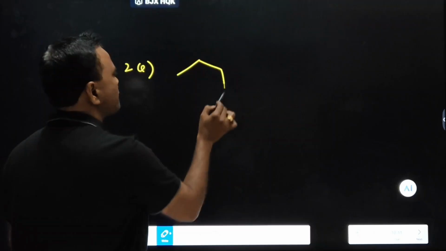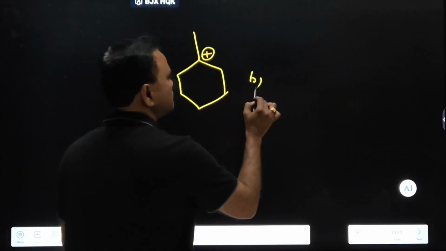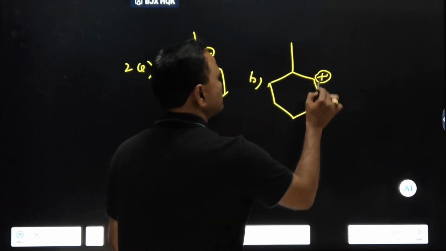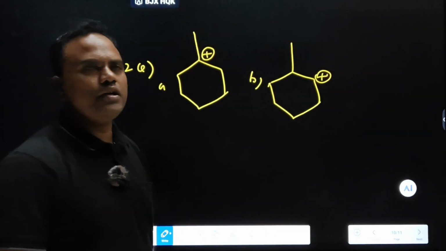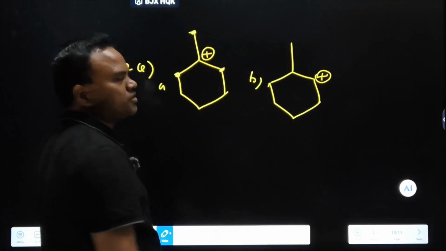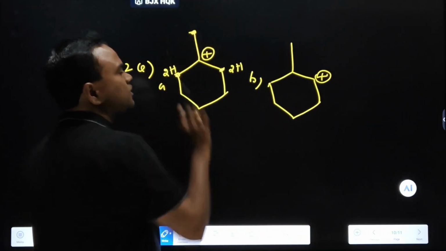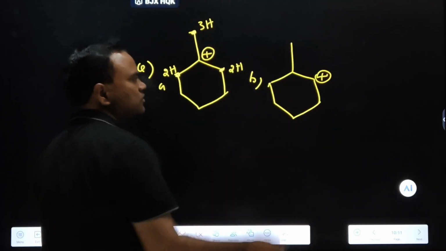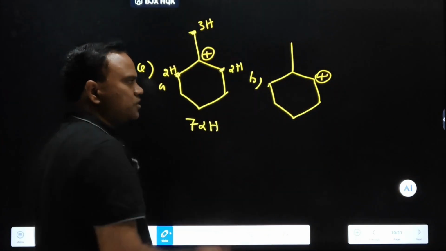Second example. A and B: which is more stable? The one having more number of alpha hydrogens. See, this is an alpha position, this is an alpha position, this is an alpha position. Here 2 alpha hydrogens are present, here 2 alpha hydrogens, and here 3, because the terminal dot represents CH3. So total: 2 plus 2, 4, 4 plus 3, 7 alpha hydrogens are present.